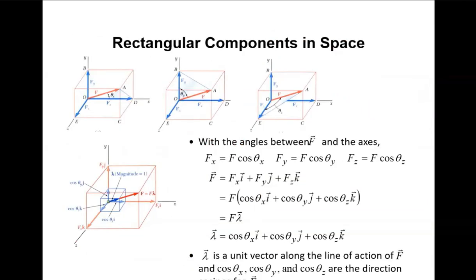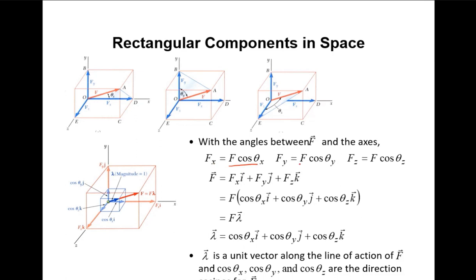Now rectangular components in space, right? Now with angles between F and the axes, if we know theta x, theta y and theta z, along this Fx, if the angle is theta x, then Fx will be equal to F cos theta x.